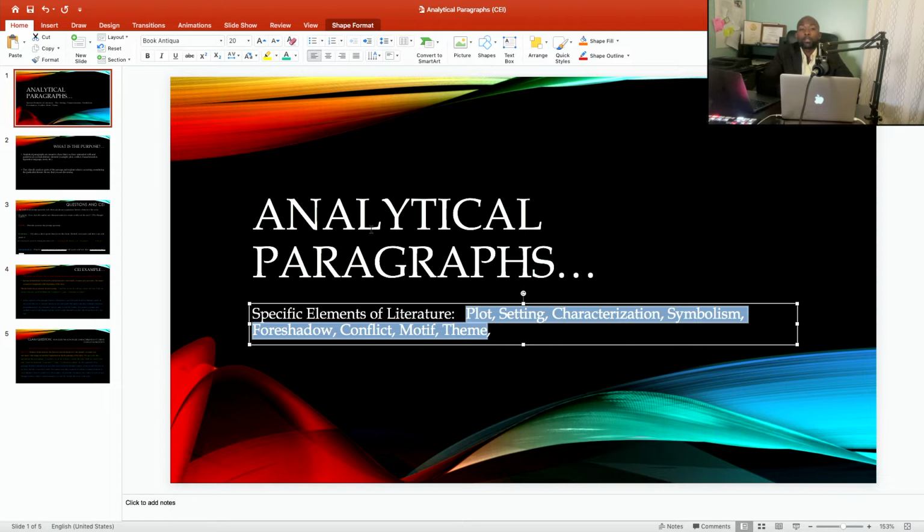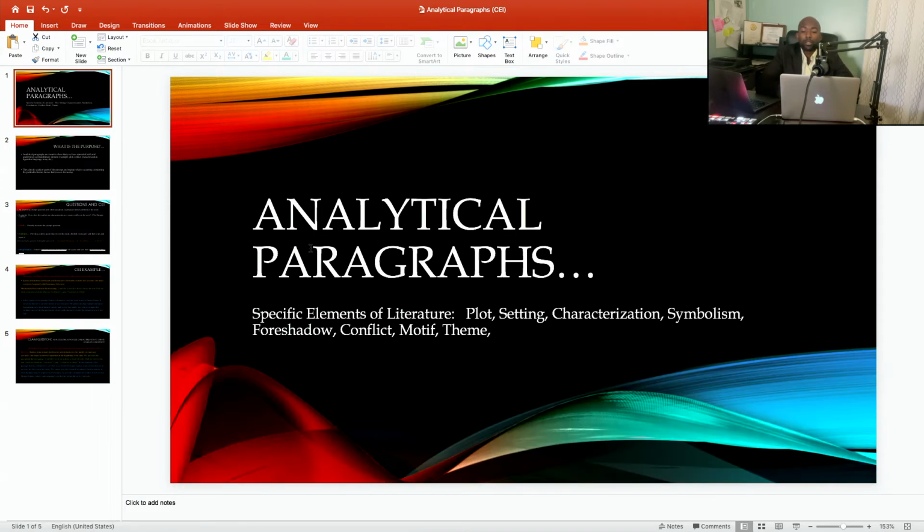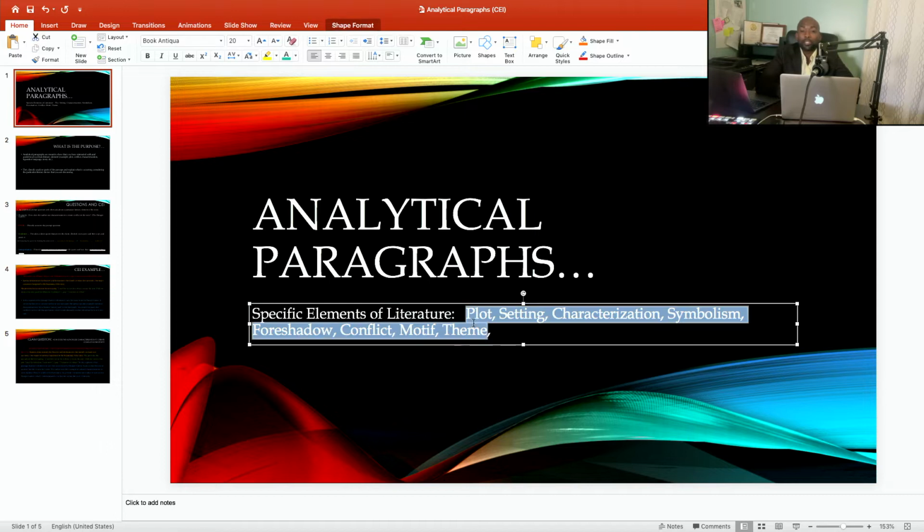And there's a bunch of different components or literary elements that can show up in short stories and poetry. And so in session, we talk about some of these, like plot and setting and characterization. And so hopefully those terms or those literary components are somewhat familiar. Maybe you don't know all of them, but just know that you could be asked to answer a question that involves a component of literature, like one of these.